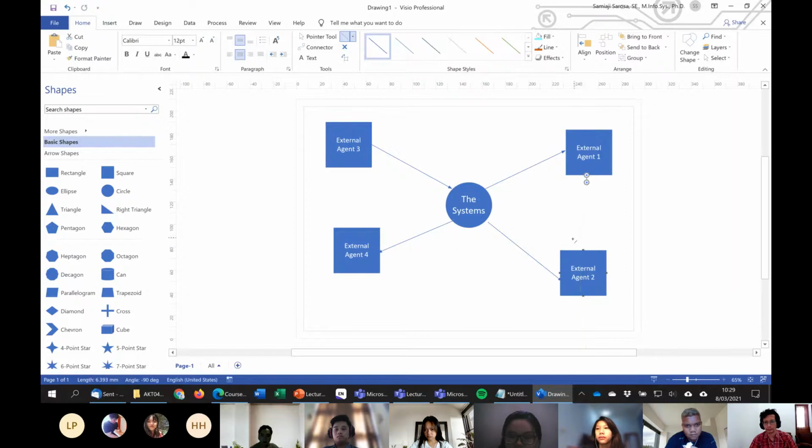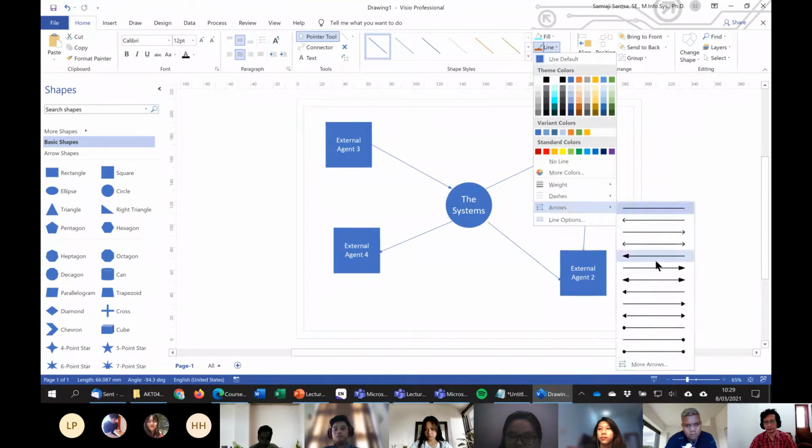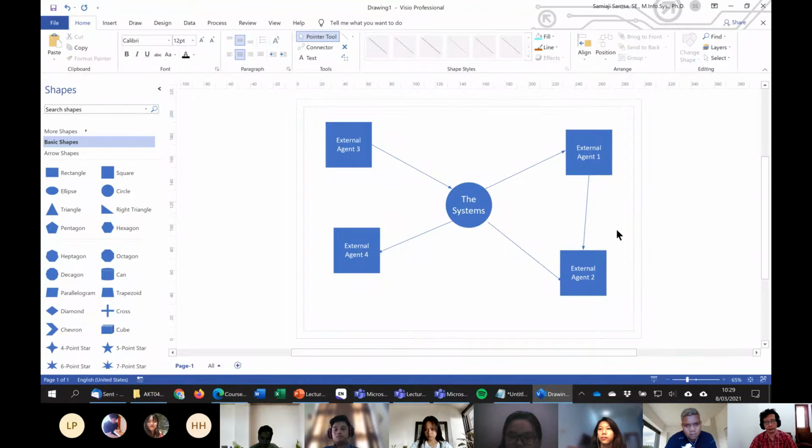As you may see, I'm not good at drawing. If you draw a line like this between external agents, this is a mistake. Maybe in real life external agent 1 has data exchange with external agent 2.